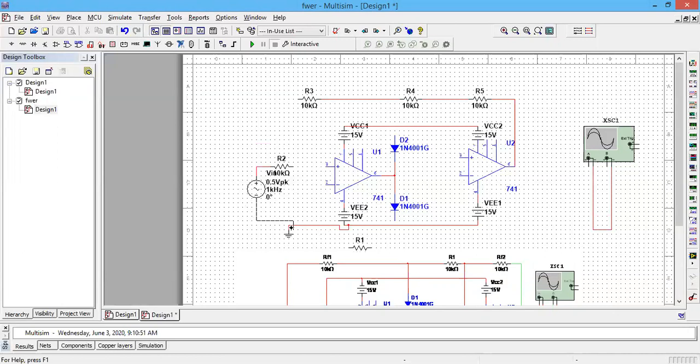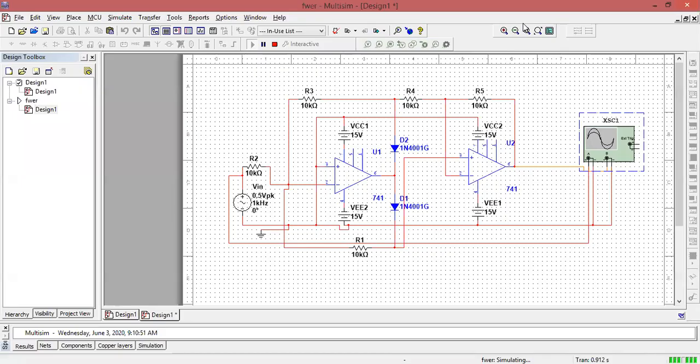Here all the negative terminals are connected to the ground. So this completes the wiring of the circuit.